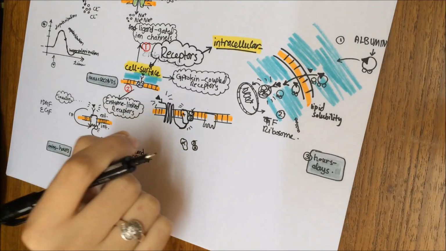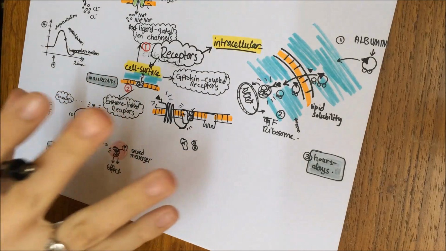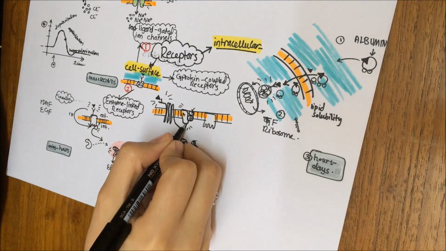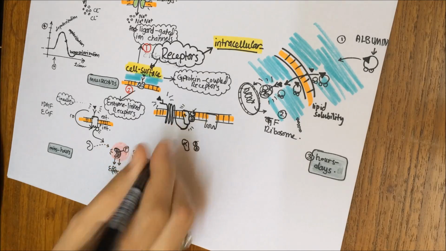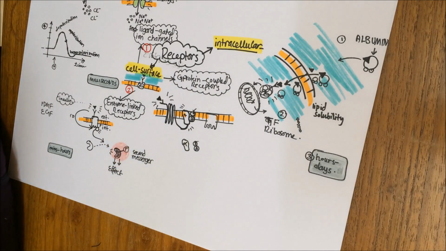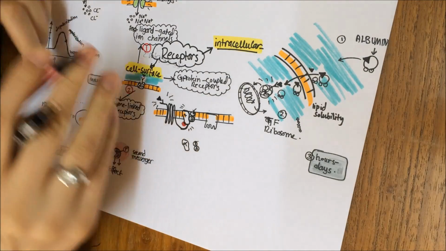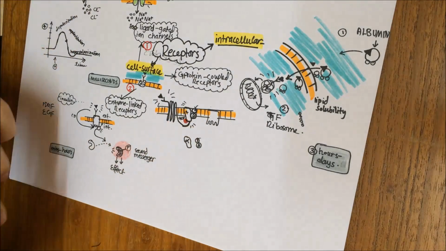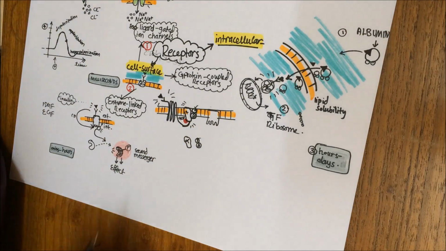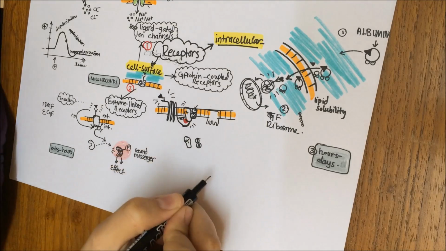this alpha subunit is now phosphorylated. Is it the alpha subunit itself that is phosphorylated? Actually, no. In this inactive state of the G protein coupled receptor, the alpha subunit is connected to a GDP molecule, diphosphate. So it is a GDP.